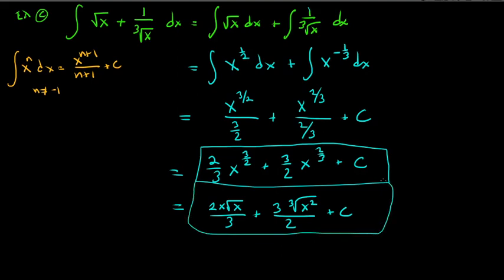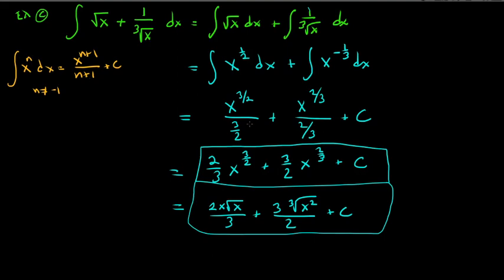Either way is fine, as long as you are fully comfortable translating from exponents to radicals or radicals to exponents. In fact, that's what we had to do in reverse: we had to translate these radicals into exponents to be able to use the power rule for integrals.